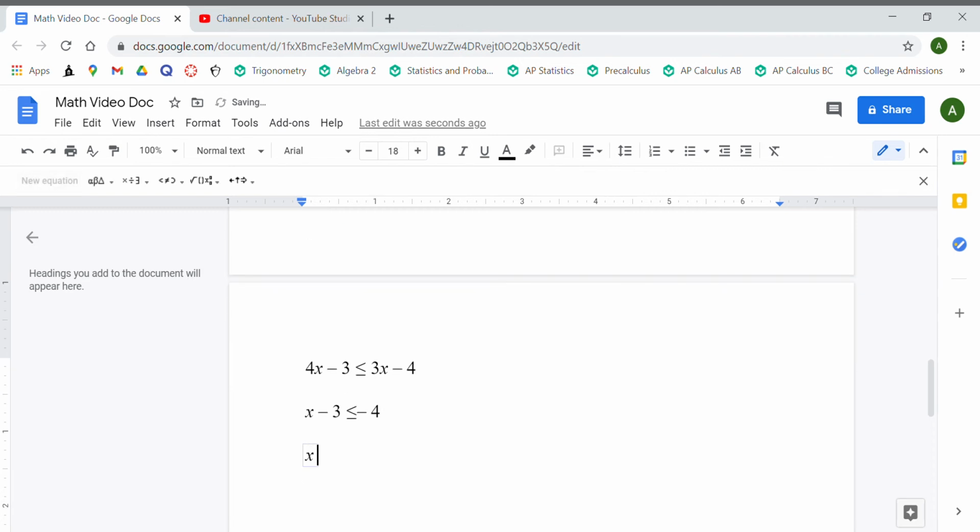Now we add 3 to both sides. And here's your solution set. Graph it.